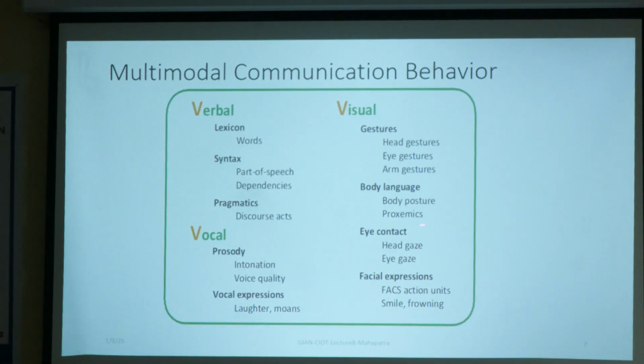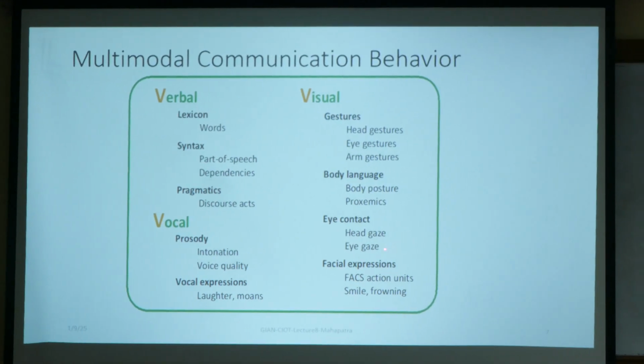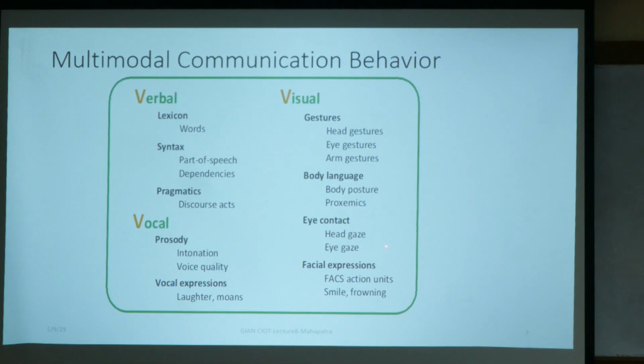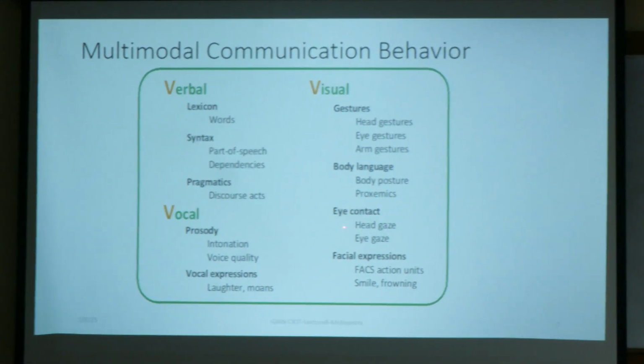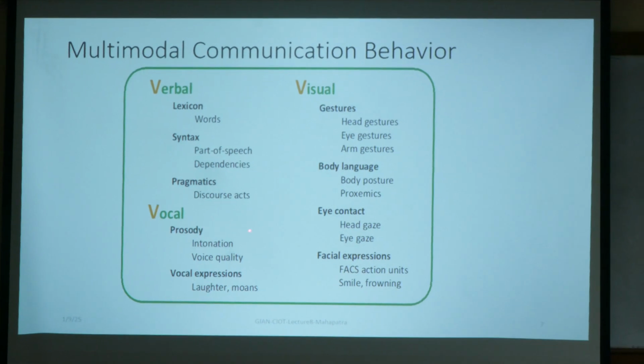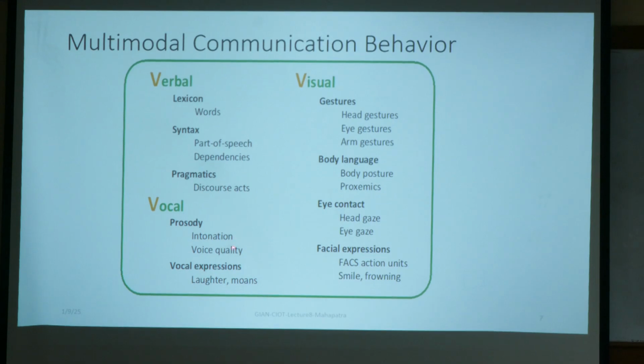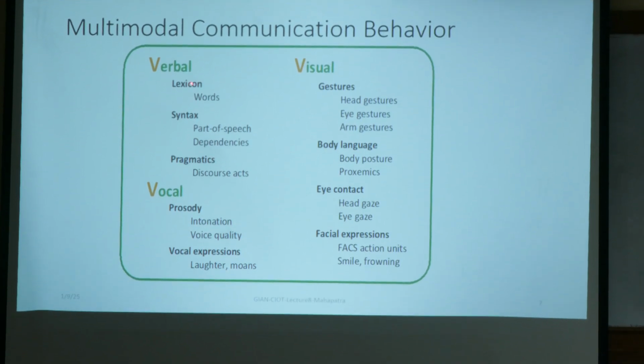Then body language, also eye contact, head gaze, eye gaze, just looking at somebody, staring at them, those kinds of things. Similarly, in vocal, you have different ways you can communicate, behave under each category. And there is verbal communication, which could be just using words or part of speech, and discourse acts.